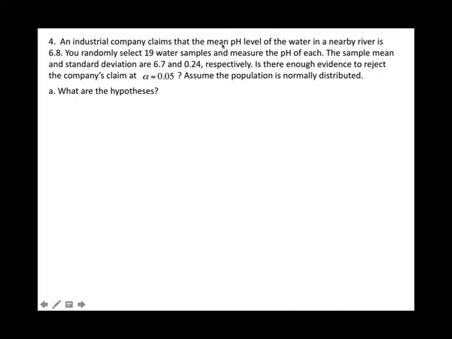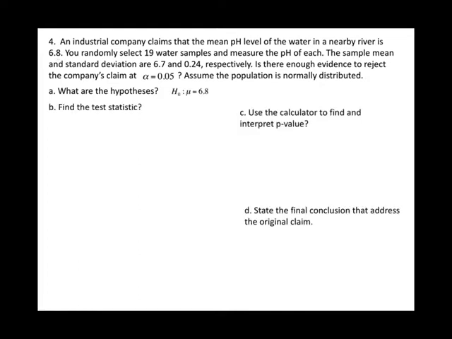So first, we're working on the mean, the population parameter, and it is 6.8. So the alternate hypothesis is going to be not equal to, and that will be a two-tailed test.